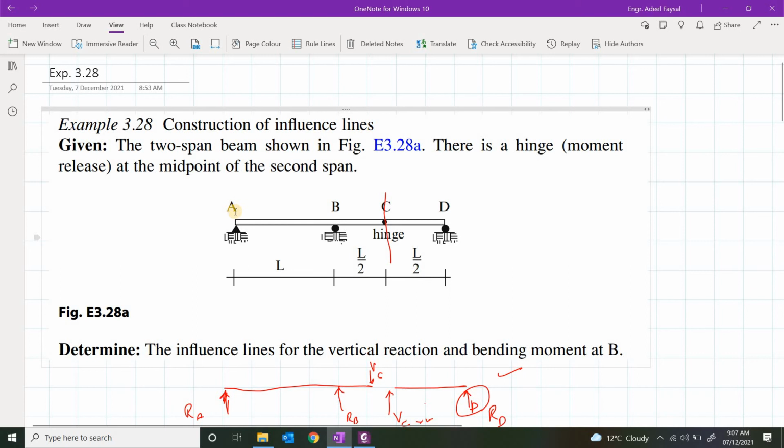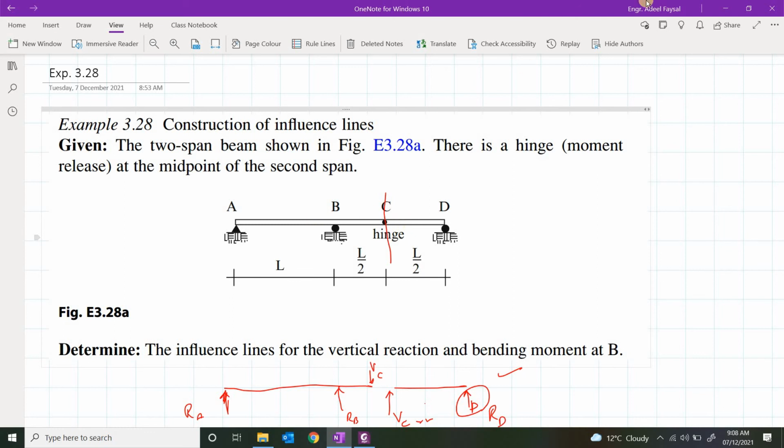So if I place a unit load at A, there will be a unit reaction at A, and all other reactions will be 0. It means you're just pressing the beam at that location and you're not producing any other force in the beam. Getting it? It means all other quantities would be zero. No shear force at any other location, no bending moment, no other reaction will be produced.